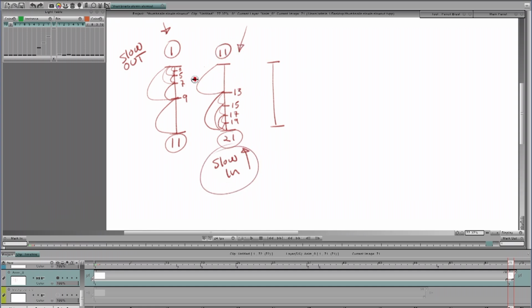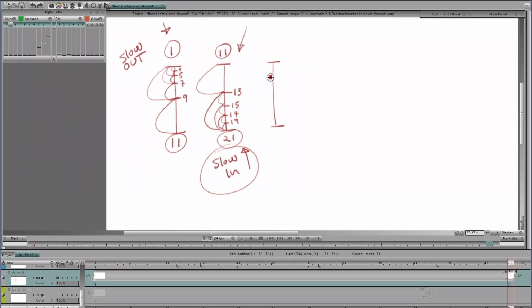The loop for 13 comes directly in the middle and then comes down to 21, and so on with 15, 17, and then 19.